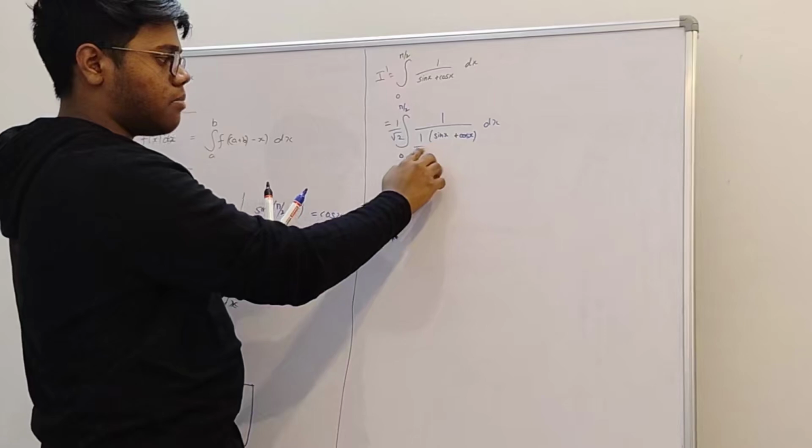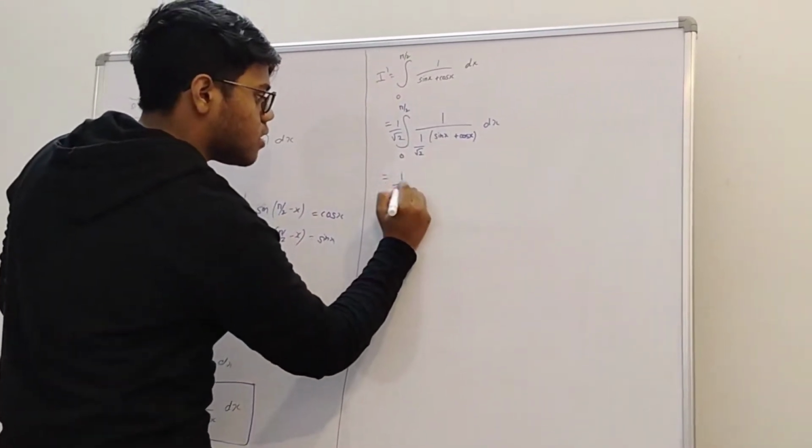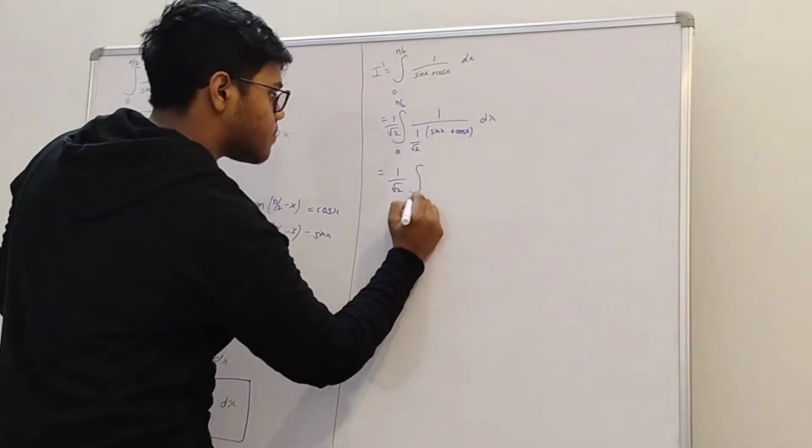Now let me multiply each term individually to get an expression like this.